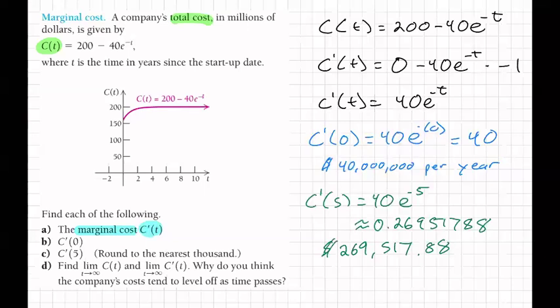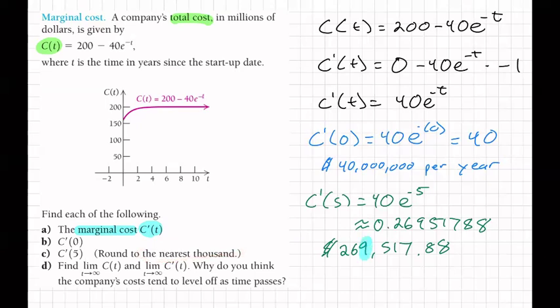Let me make sure I multiply that correctly real quick. Yeah, okay. Now, the reason I'm showing this is, make sure you go back to when it says round to the nearest thousand. They want me to round to this digit here.